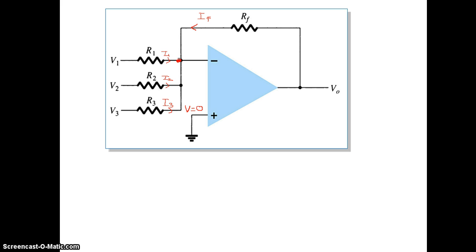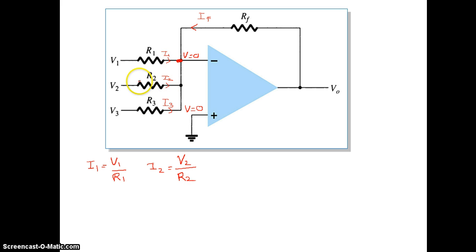Since this voltage is equal to 0, the voltage at this point is also equal to 0. So this current I1 we can write as I1 is equal to V1 divided by R1. The current I2 is equal to V2 divided by R2.